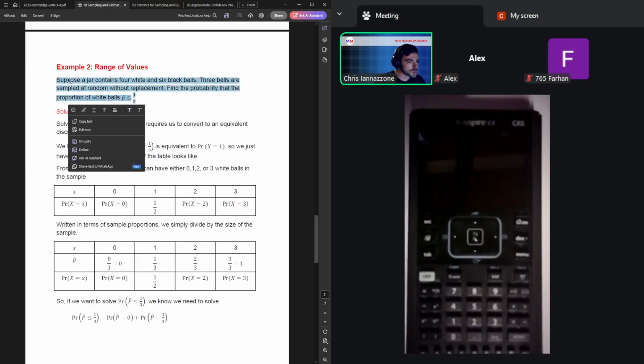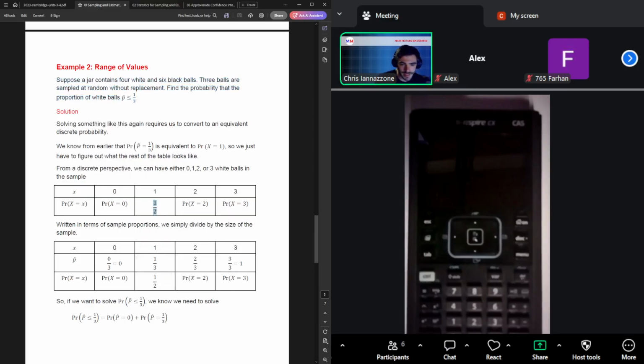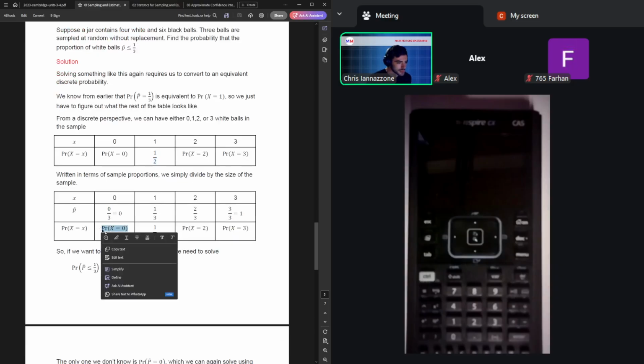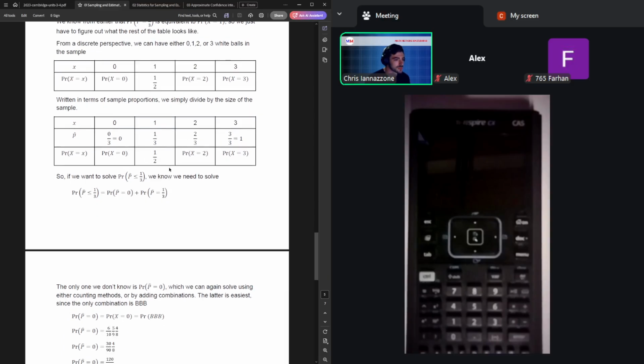This example is more or less the same as the previous example, so we're going to go ahead and borrow the answer that we had from last time. All we're going to do from there is solve the missing thing, the probability of x being 0. Remember, with discrete, when it comes to finding the inequalities, you just find each individual probability in that interval and then add them together. So the missing one is the probability of p-hat being 0, or the probability of x being 0.